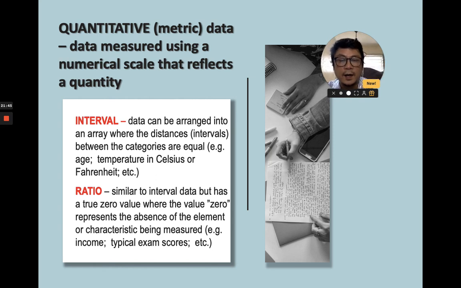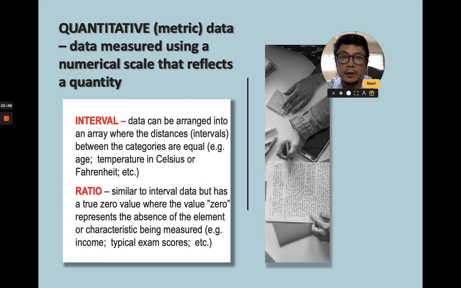And finally, the highest level of measurement is ratio. It can be counted, it can be arranged from lowest to highest, the distances between the possible answers are equal, and finally, it has a true zero value.